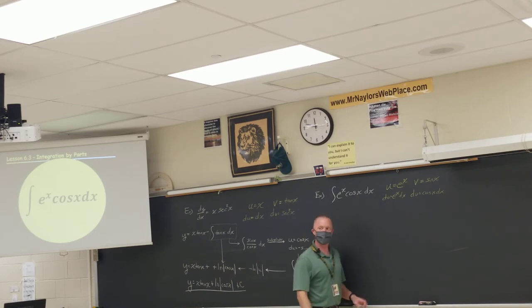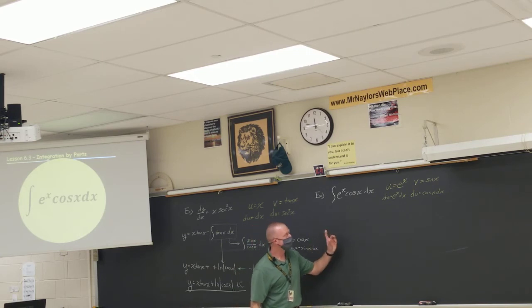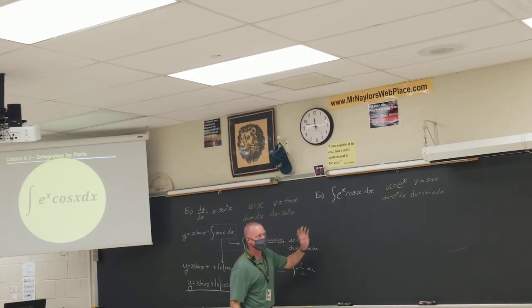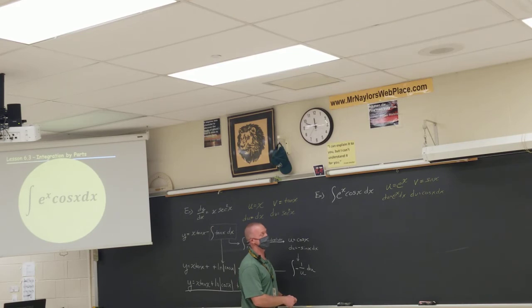I even had to double check, is it positive or negative sign? But it's positive sine. Okay, if you want to write down the formula, you're probably going to internalize this better. You should be writing down uv minus the integral of v du.